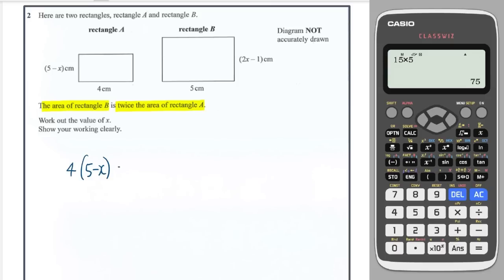And that is going to equal, that word is means equal, twice, so 2 times, the area of A, which is going to be 5 lots of 2x minus 1. I can expand these brackets to get 20 minus 4x. And over here, I have 2 times 5, which is 10, times 2x, so that's 20x. And I'm going to have 2 times 5 times minus 1, so that's minus 10.